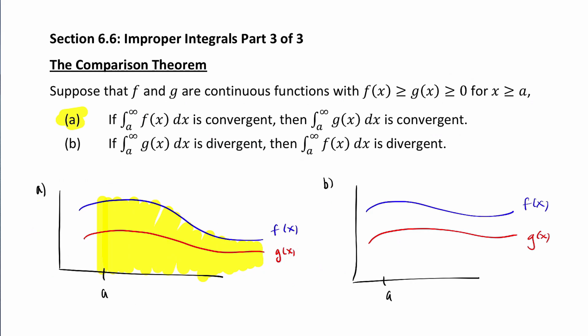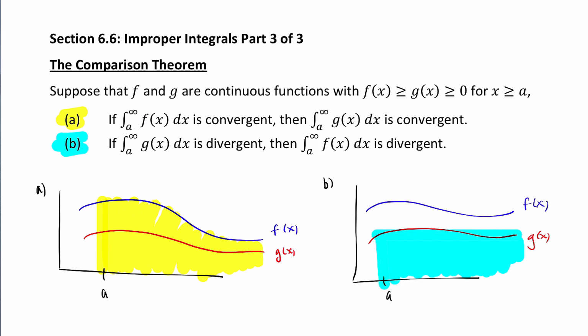Part B says that if the integral from a to infinity of g of x is divergent, meaning if I compute the area under the curve of g of x and it's divergent, then it is not finite. Well, the fact that it's not finite tells me that if I then try to compute the area under the curve of f of x, there's no way it could be finite, okay? So this is why this theorem works.